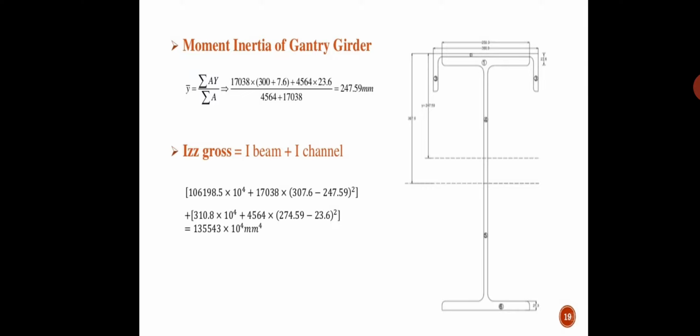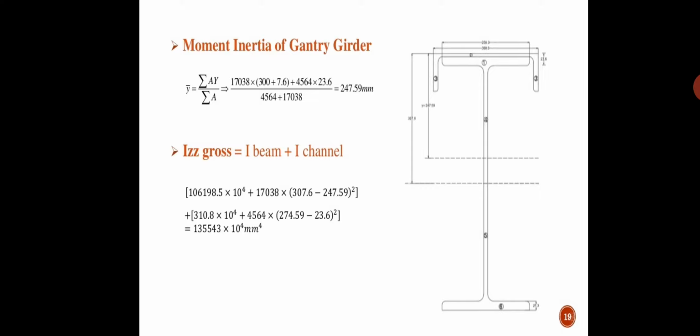Now we calculate the moment of inertia of that built-up section. So first we find out Y bar. Y bar is nothing but summation of AY divided by summation of A. So we convert into A1 Y1, A2 Y2. First our area A1 is the area of channel section, multiplied by 300 plus 7.6, so Y1 is 307.6.